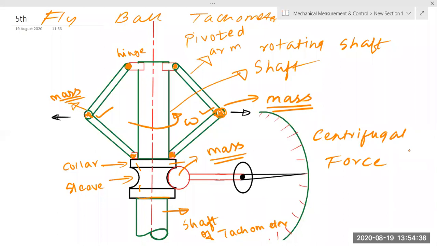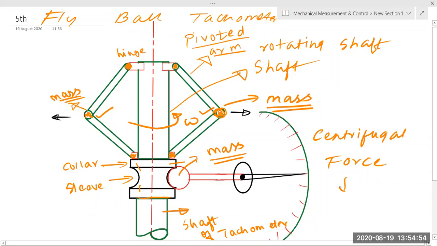Away from the center. So if the shaft is rotating at some speed, these pivot arms will also rotate, and there will be some centrifugal force. This centrifugal force will take the mass attached to the pivoted arm away from the center, away from the shaft.